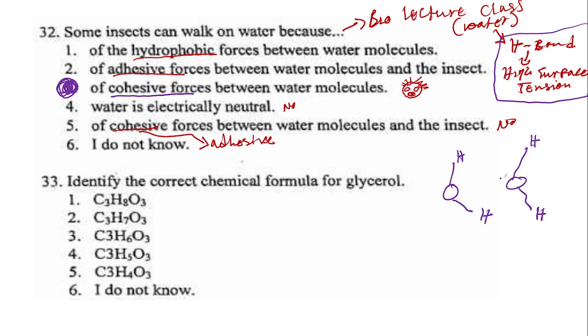Because of the difference in electronegativity, so electronegativity is just the pull of electrons towards an element, or the ability of an element to pull electrons toward itself. Or electronegativity can be said to be the ability of an element to attain the negative charge.